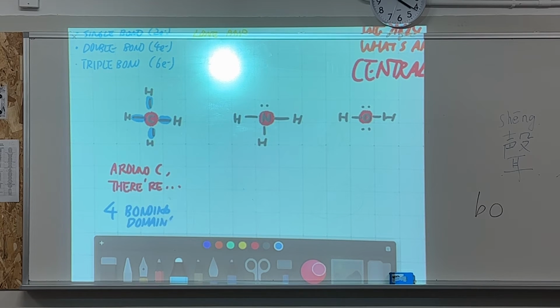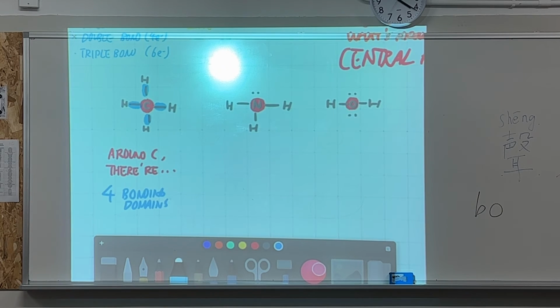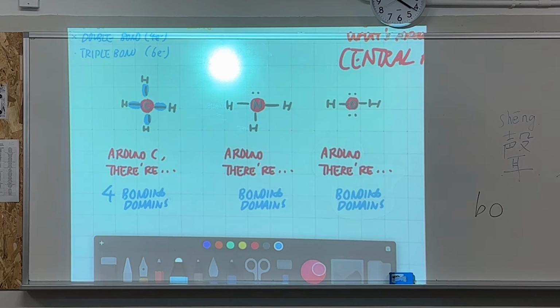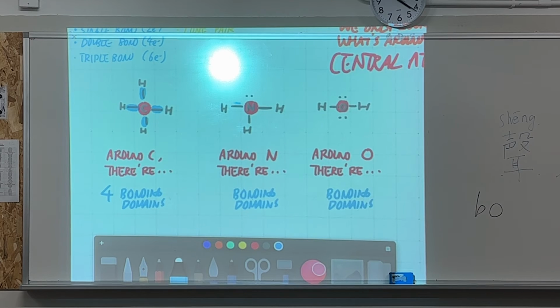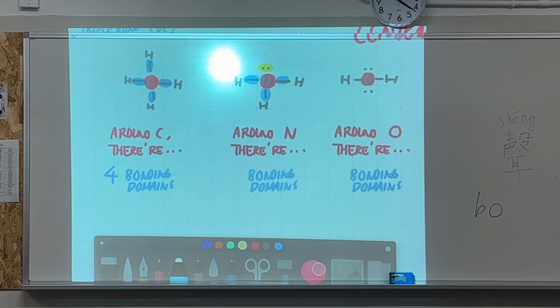Okay. What about around nitrogen? How many bonding domains are there? There are 3: 1, 2, and 3, right? What about the remaining one? What do you call it? Lone pair, or non-bonding domain. So can you put down: there are 3 bonding domains and 1 non-bonding domain.